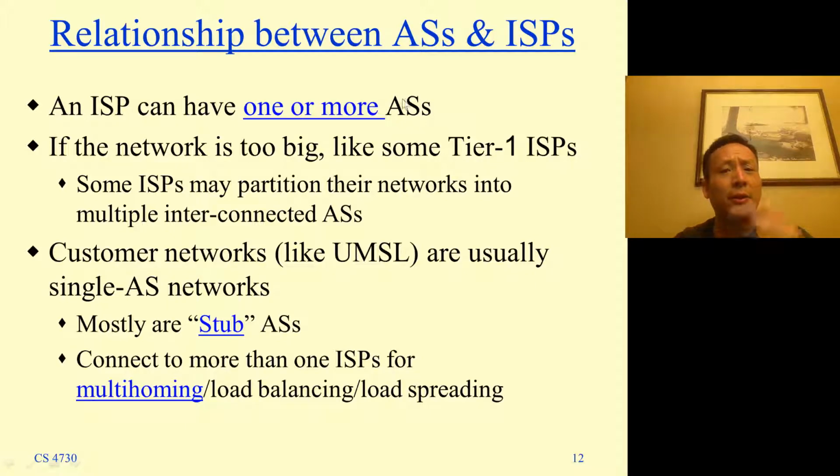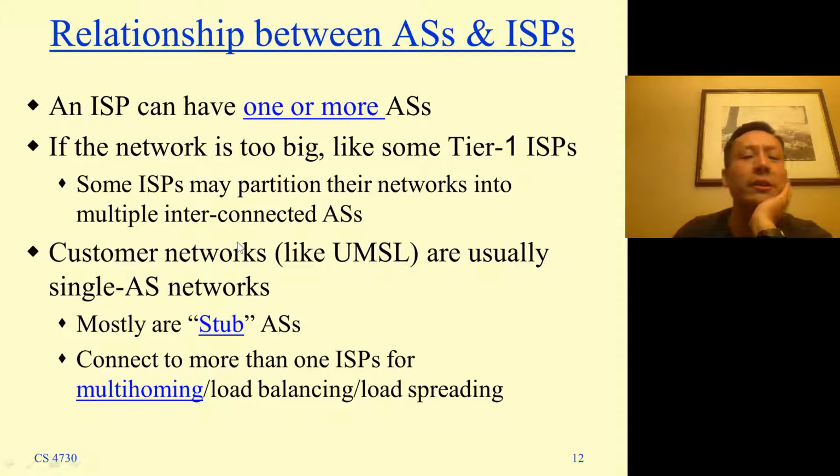Although we do hierarchical routing, one specific ISP can still be very big. So it would be wise to divide it further into interconnected small-sized autonomous systems and connect them together, right? So a specific ISP can have one or more autonomous systems. It's specifically the case for big tier 1 ISPs.